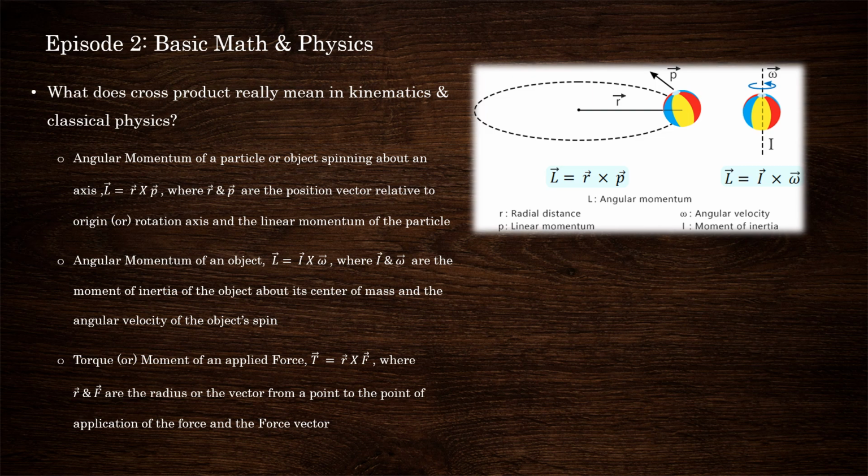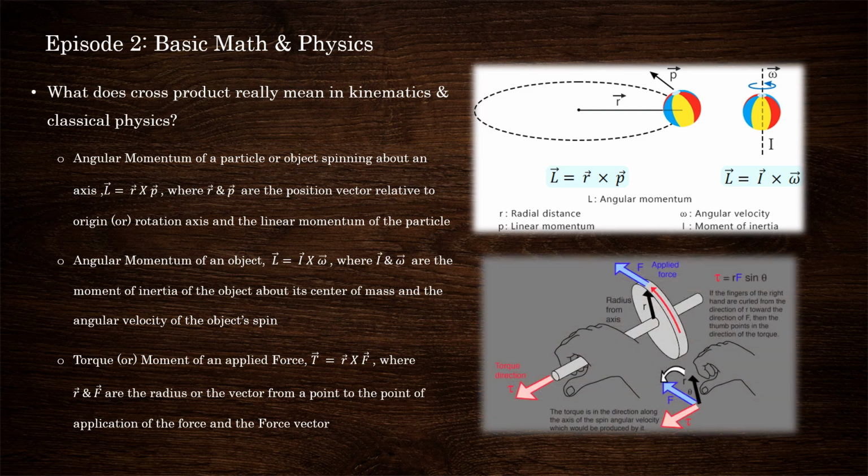So let's take a shaft that's spinning, right here. If a force is applied tangentially to that disk, and the vector from the spin axis to the point of application of force is given by the r vector, then with r pointing along the four fingers, and f is where you curl the r vector into, the thumb points in the torque direction.